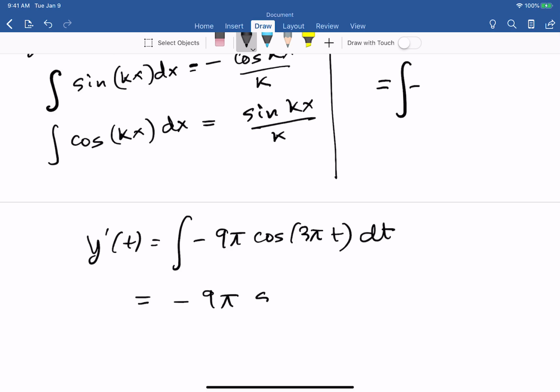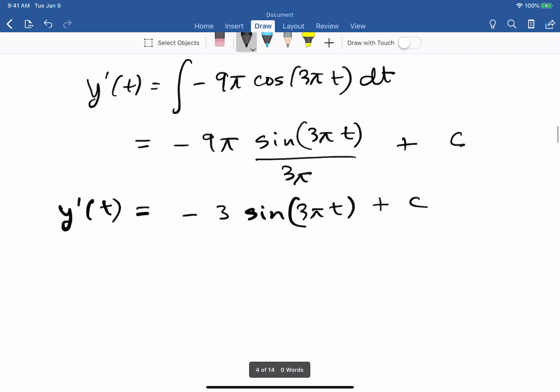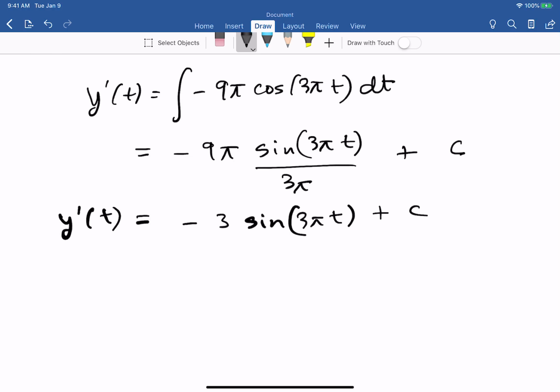So that's going to be sine 3 pi t divided by the constant 3 pi. I just use this rule. Plus a constant, right? So this can be simplified to minus 3 sine 3 pi t plus a constant. All right, so now we need to figure out what this constant is. We are told that at t equals 0, y prime is just 0, right?